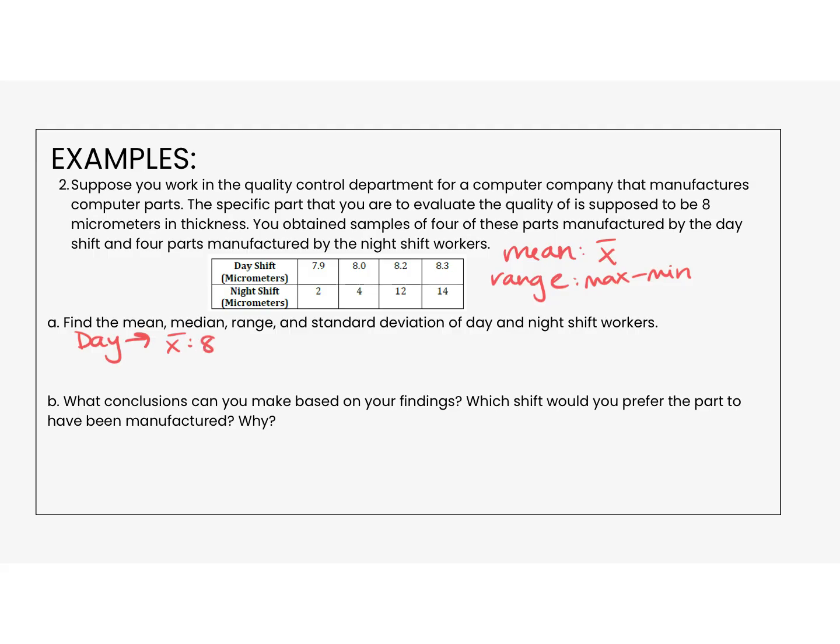So the mean is 8.1. The median, if you just need to arrow down a little bit, 8.1. The range, we're just going to take the highest minus the lowest, which is 0.4. And then the standard deviation is 0.18.